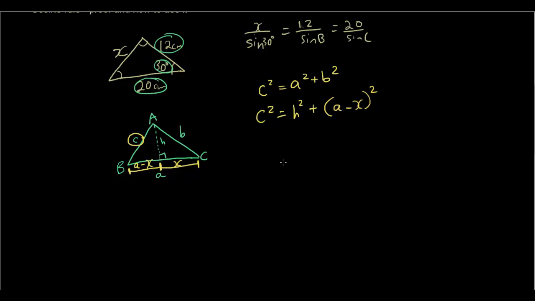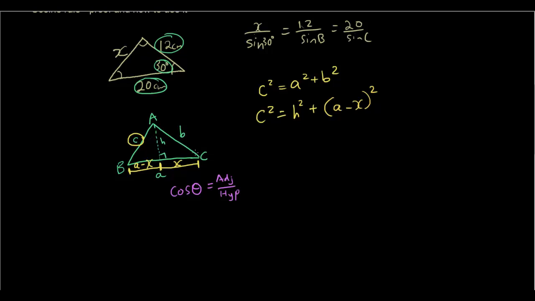Okay, so the next thing we're going to do is we're going to analyze the triangle on the right here. We're going to analyze this triangle here now using the cosine ratio. So the cosine ratio, cos theta, is adjacent over hypotenuse.